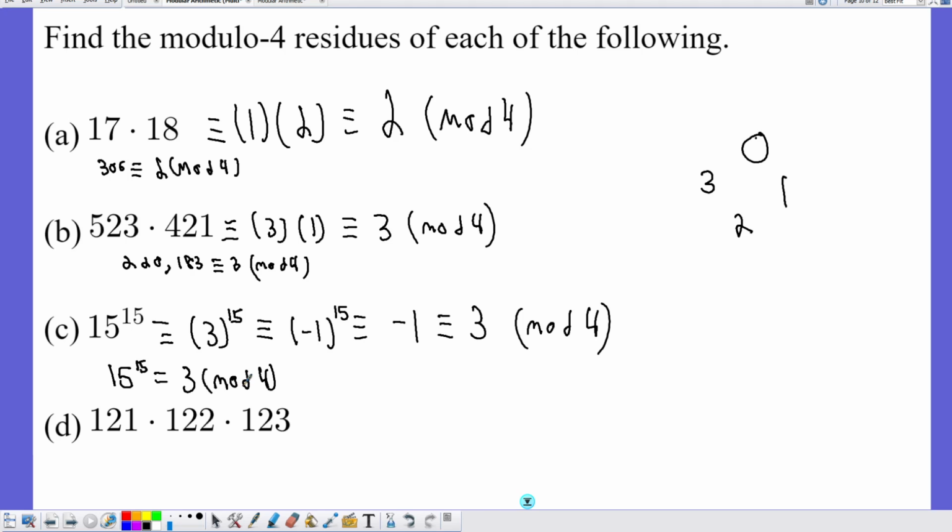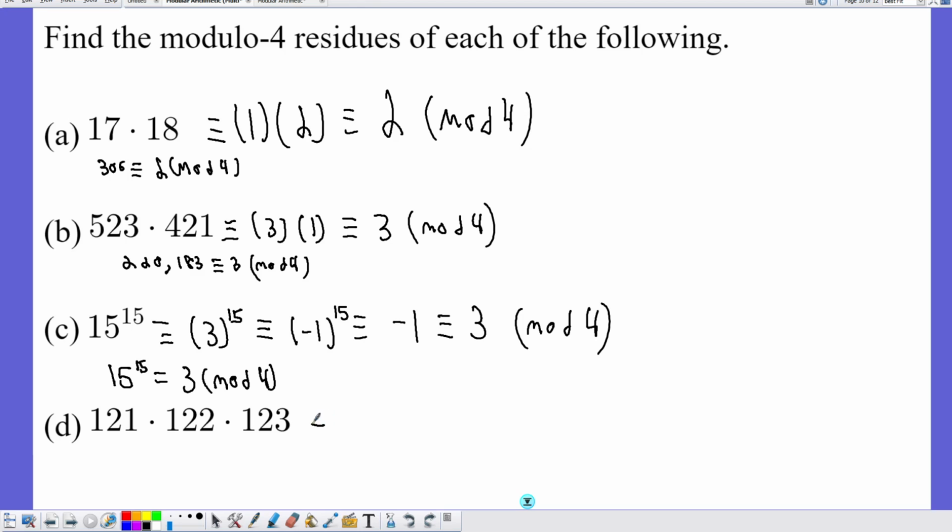Okay. Now we have these values: 121 times 122 times 123, mod 4. Okay. Well, I noticed that they're just in increasing order by 1 each time.